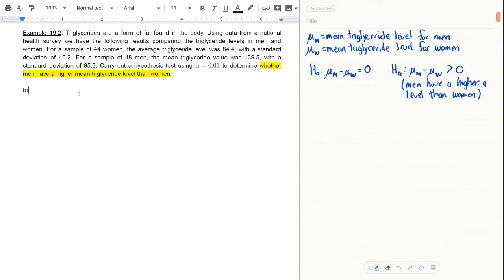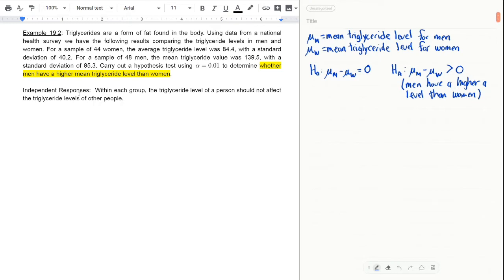So we have independent responses. All right, so we're looking at the triglyceride levels of each person. So within each of the groups, the triglyceride level of a person should not affect the triglyceride level of other people.